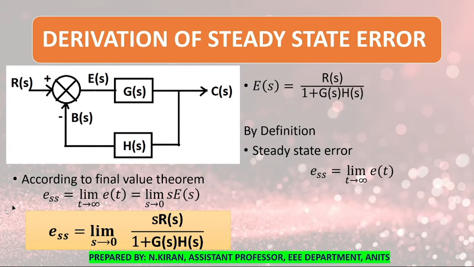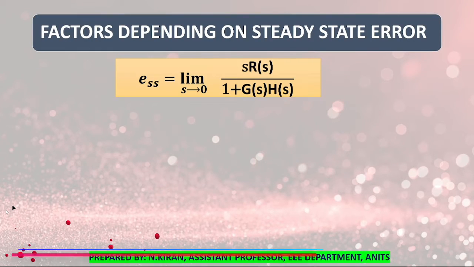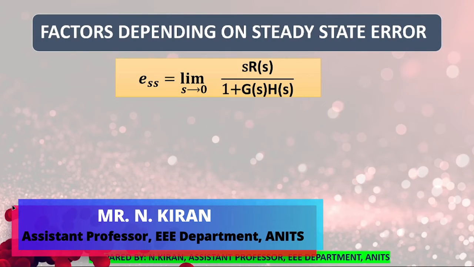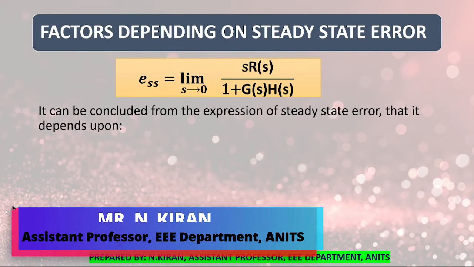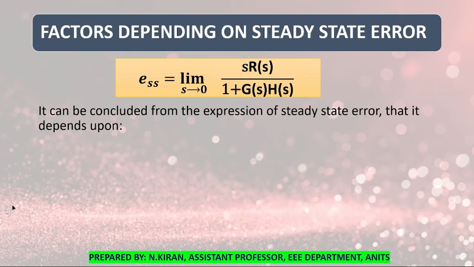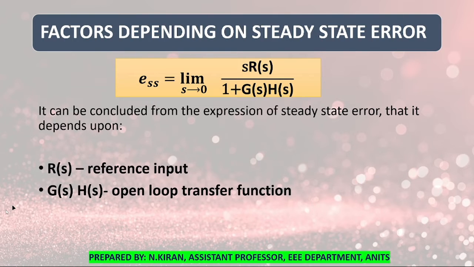If I observe the expression carefully, it depends on two main factors. First, the input in the Laplace domain, that is R(s), and second, the open loop transfer function G(s) into H(s). Now we'll see in detail how these factors affect the steady state error.